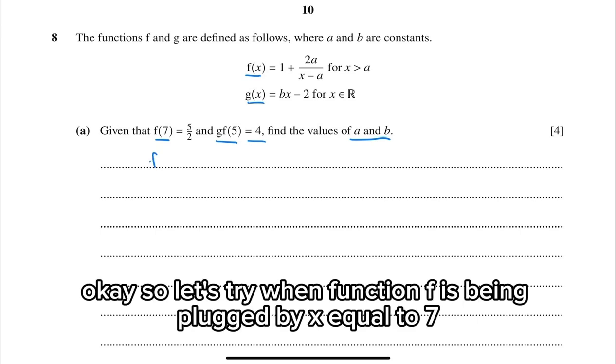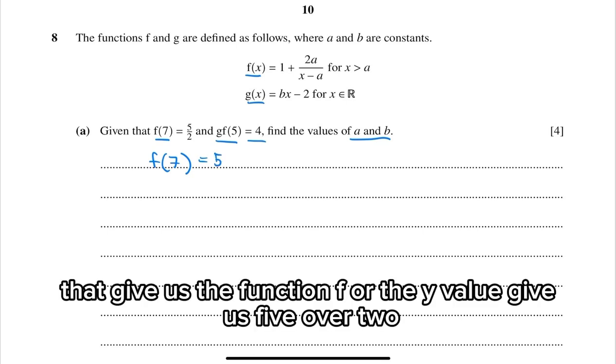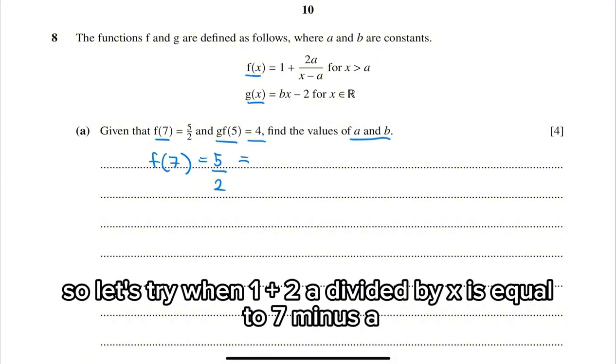Okay, so let's try. When function f is plugged with x equal to 7, the y value gives us 5/2. So 1 plus 2a divided by 7 minus a is equal to 5/2.